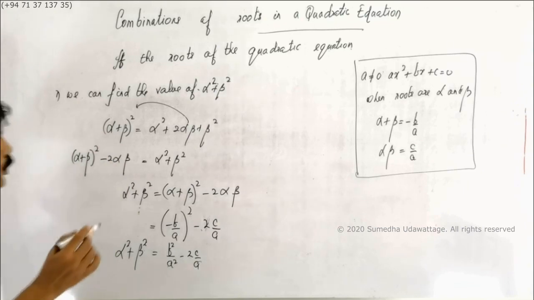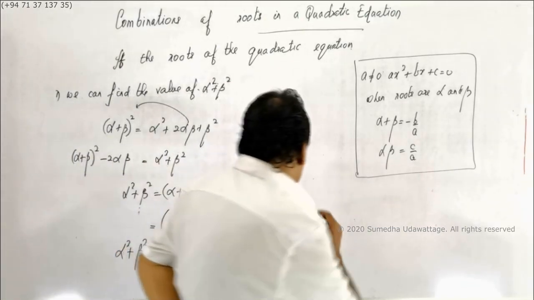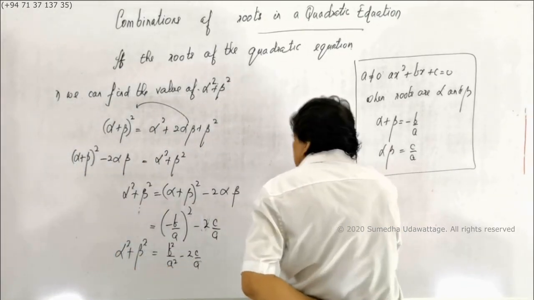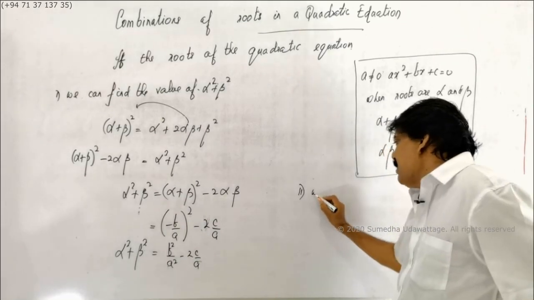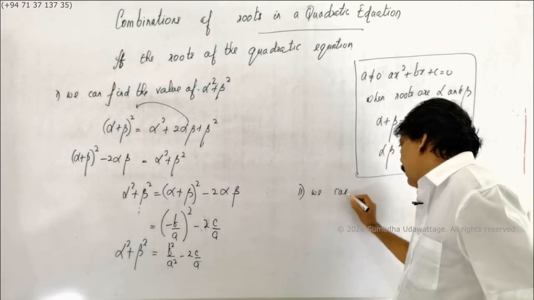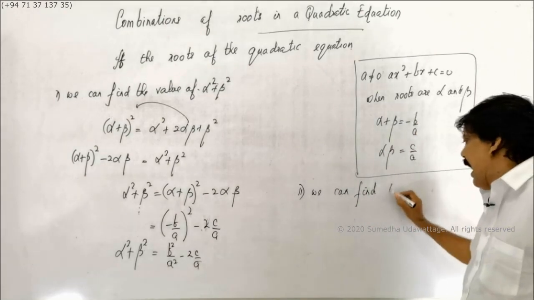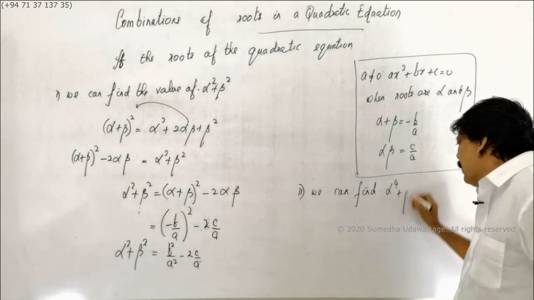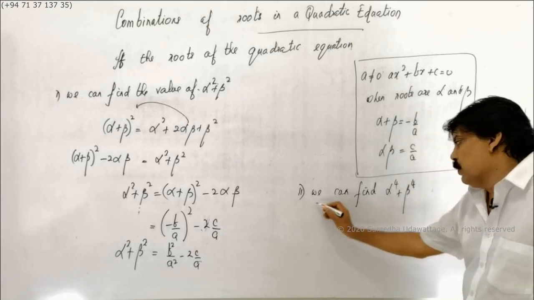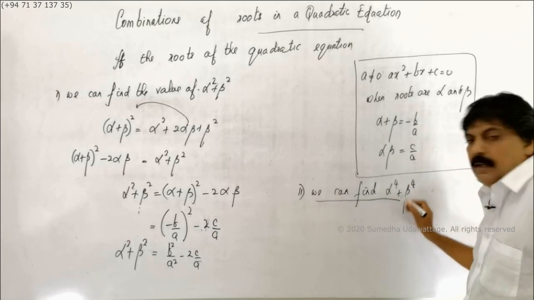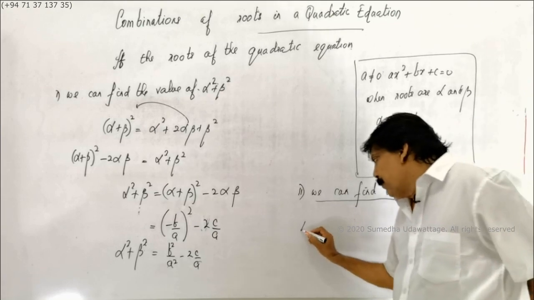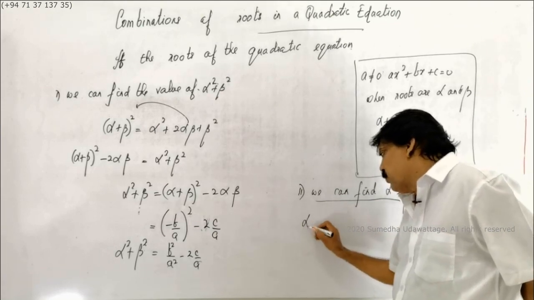Then 2, we can find alpha to power 4 plus beta to power 4. Now look here, alpha to power 4 plus beta to power 4.